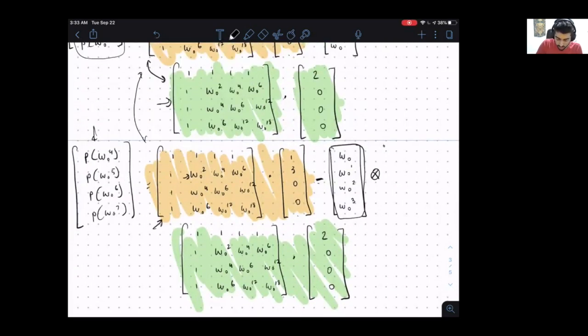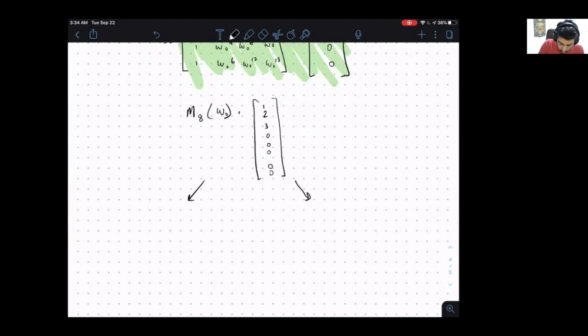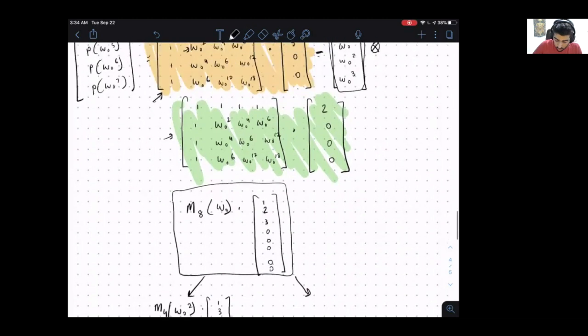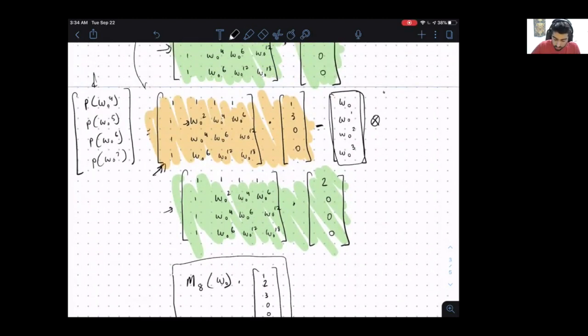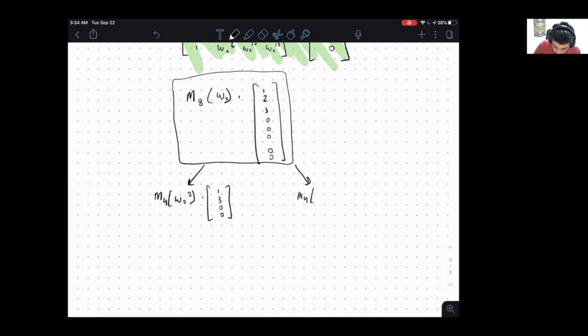this orange one and this green one. And so those 2 subproblems, I'm going to box this, were M4 of omega naught squared times 1, 3, 0, 0, so this one over here, and M4 of omega naught squared times 2, 0, 0, 0.